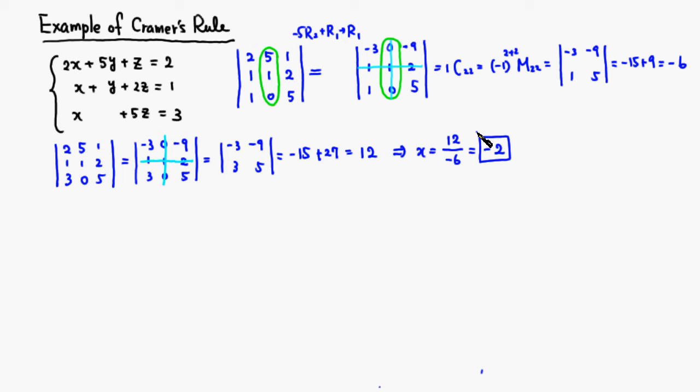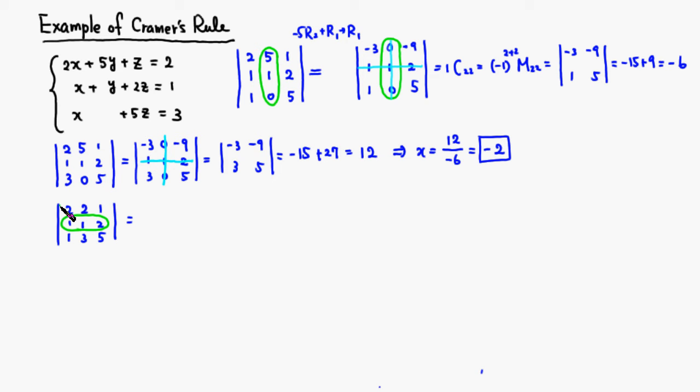And the y value is going to be, we take the matrix 2, 1, 1, and we replace the second column by the right hand side since y is the second variable. Then it's 1, 2, 5. For this one, which one should I do? I like this guy right here.